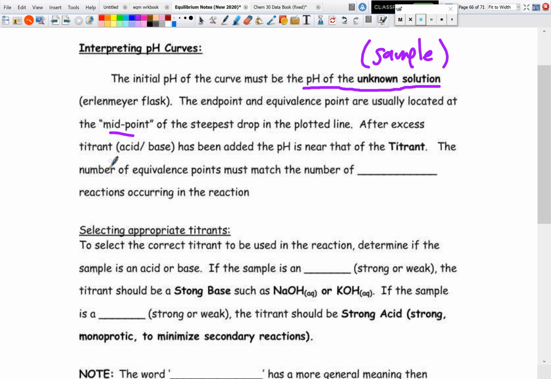And after excess titrant has been added, that is going to be the pH near the titrant. So that's how we can figure out all of these different things. Also, we're going to see multiple equivalence points or multiple endpoints depending on if it's monoprotic or diprotic. So the number of equivalence points must match the number of quantitative reactions.